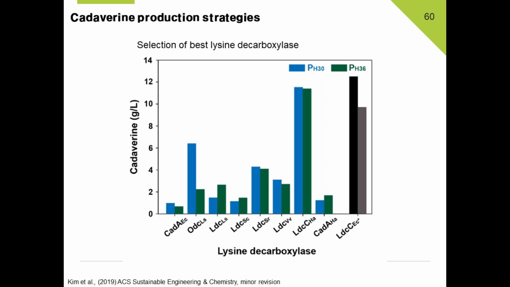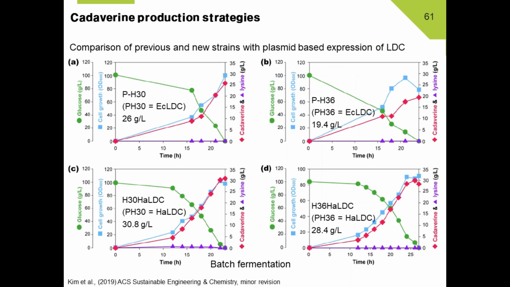Now this is the comparison of the previous LDC strains and the new Hafnia alveoli strains. This is the plasmid-based expression. We did batch fermentation, and the best strain was the H30 HALDC strain with 30.8 gram per liter.